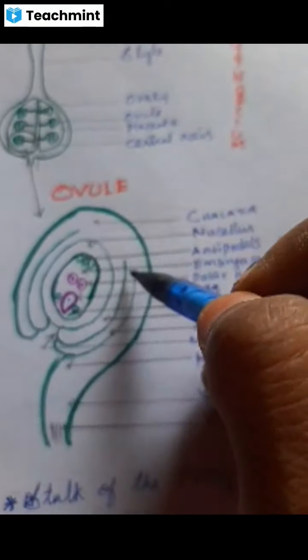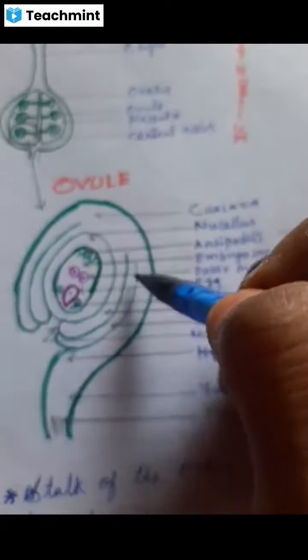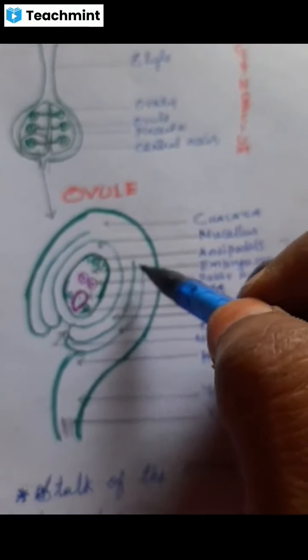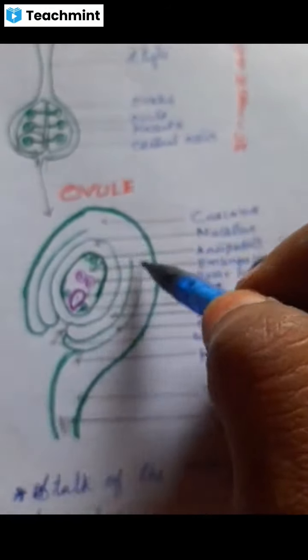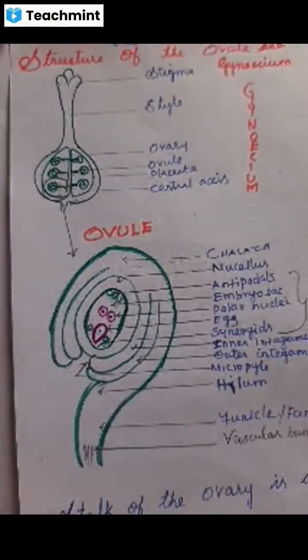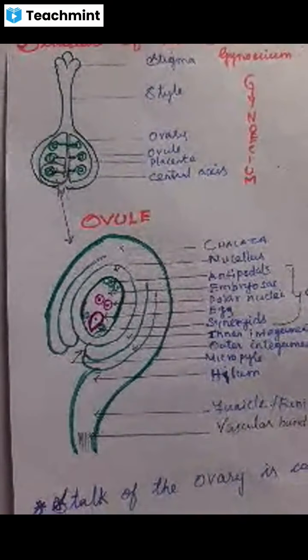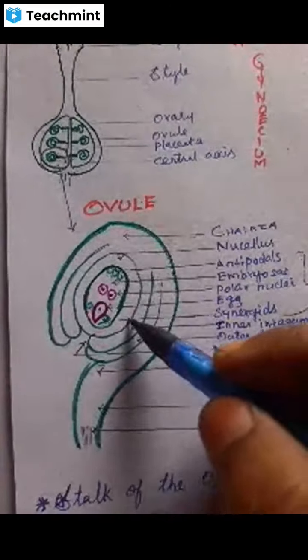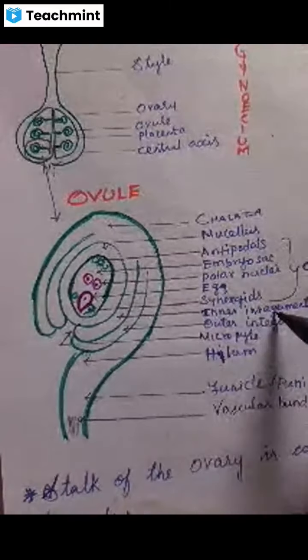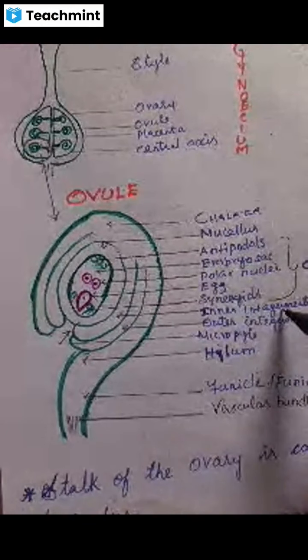Here this area is merged. From this to here, this inner and outer merged, and this is called the integuments.